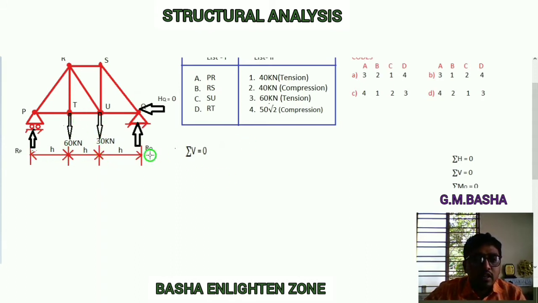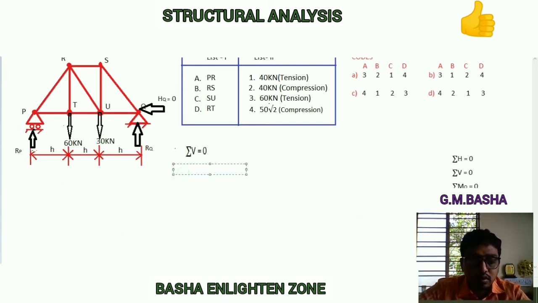So RP plus RQ minus 60 minus 30 equal to 0, sending that outside, RP plus RQ equal to 60 plus 30. RP plus RQ both are acting in the upward direction, and 60 plus 30 will be acting in downward direction. That is the reason I am sending that one to the other side, so RP plus RQ equal to 90.